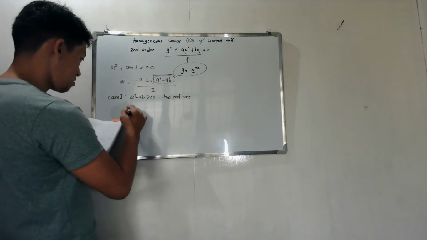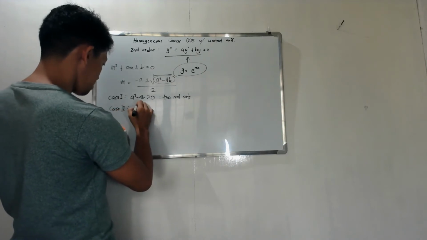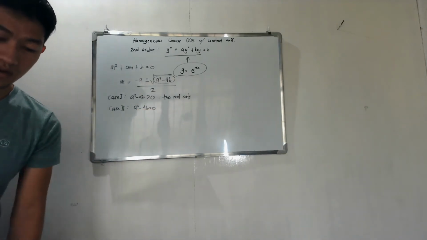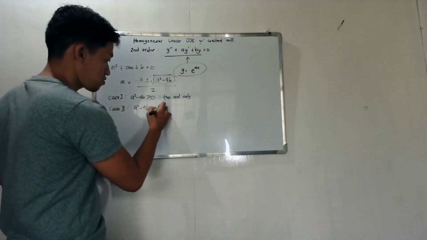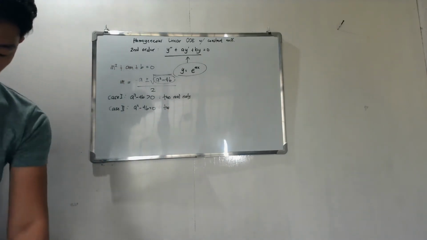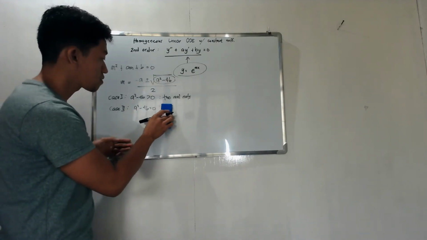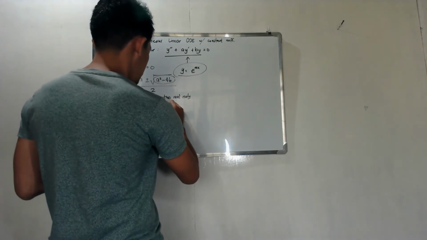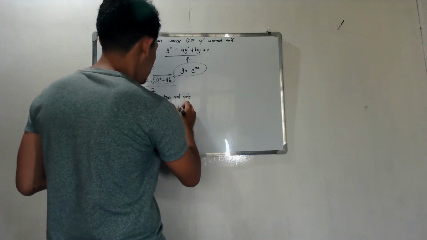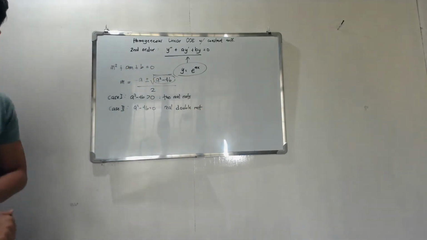Now for case 2, if a squared minus 4b is equal to 0, what you get for m is a real double root.